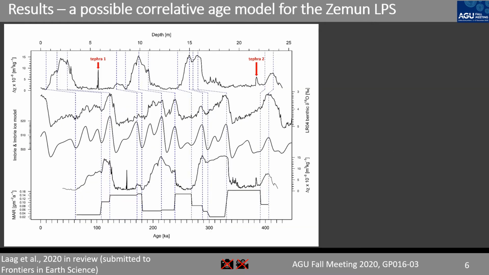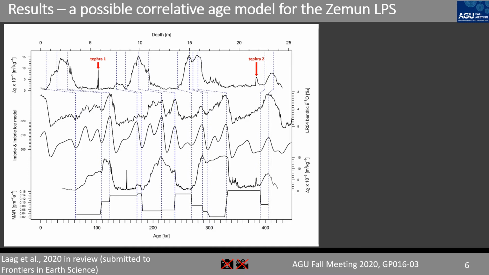Now we come to the age model. What you can see here in the upper graph is the frequency dependence of magnetic susceptibility shown on the depth scale. Based on a correlative approach to the LR04 stack and the ice model, we were able to convert depth of the samples into age of the samples. And the result is the penultimate graph, so the frequency dependence on an age scale.